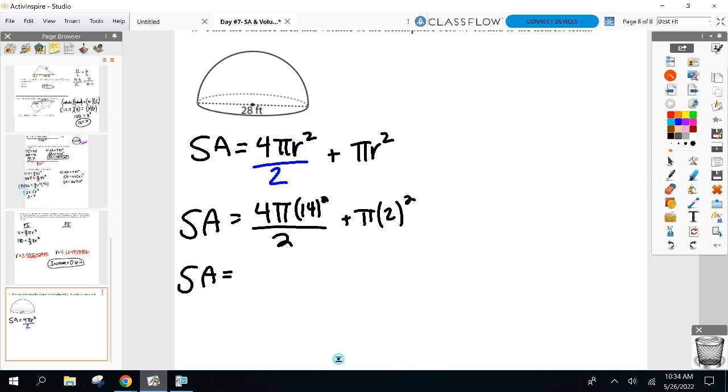What do you got for the surface area? 1,147.2. Great job.